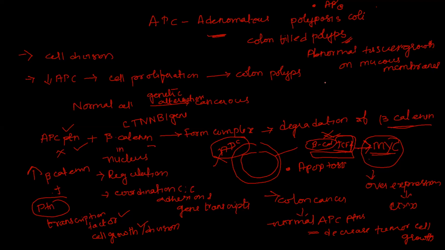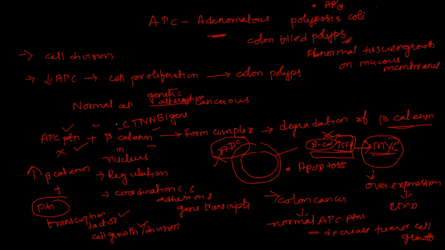APC, which means adenomatous polyposis coli, which is associated with colon polyps, that is, colon cancer. And it expresses genes which are very essential for cell division. When it gets inactivated, colonic polyps form, which are nothing but abnormal tissue growth on the mucous membrane. I have told you about all those things. So APC connecting with this, it gets degraded.